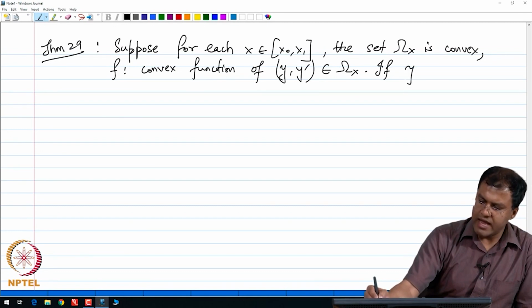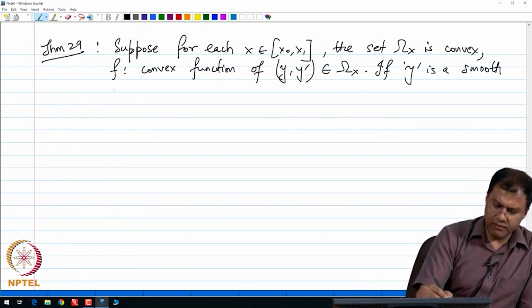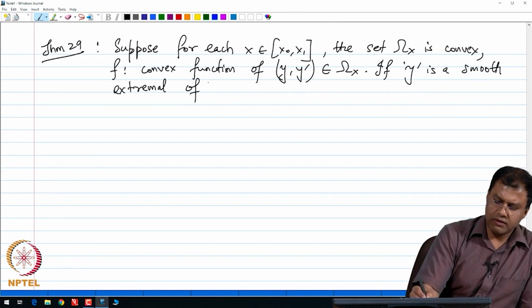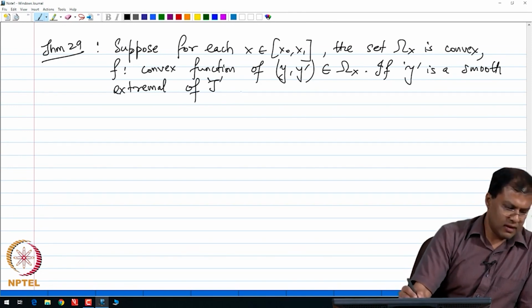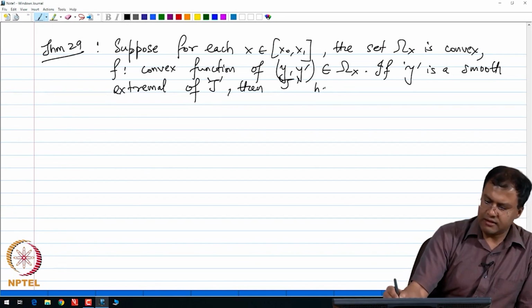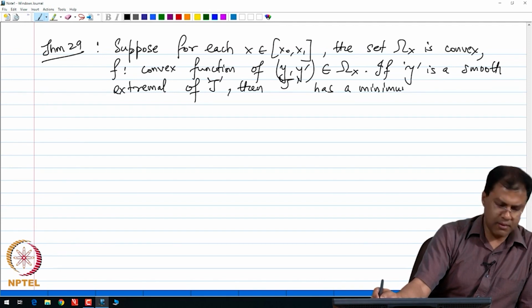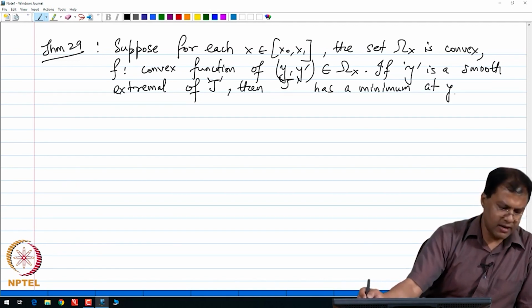If y is a smooth extremal of J, then J has a minimum at y.